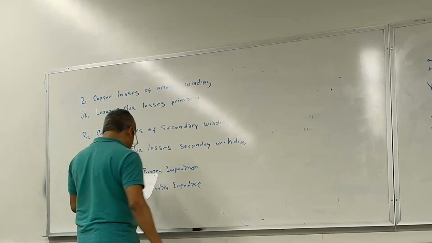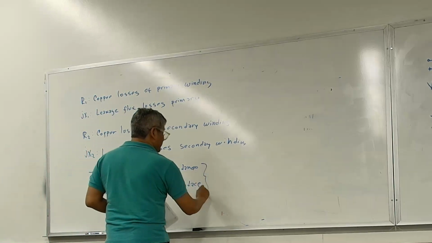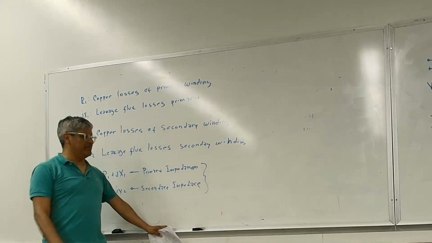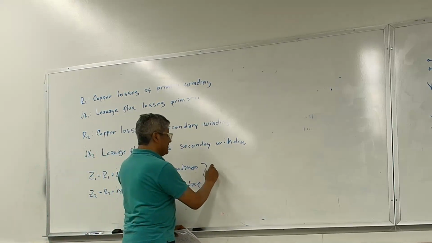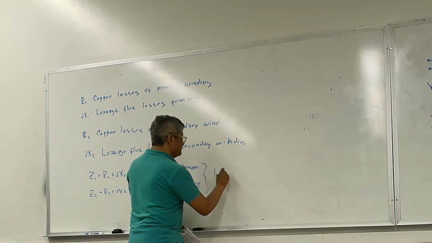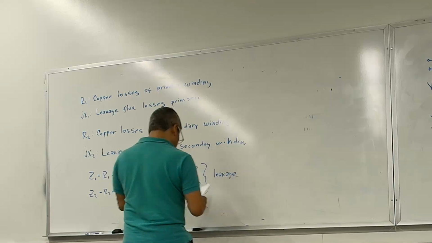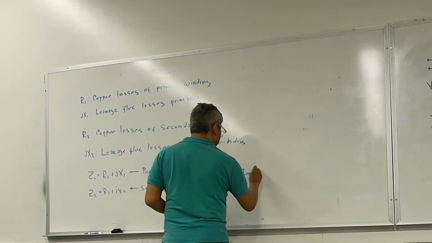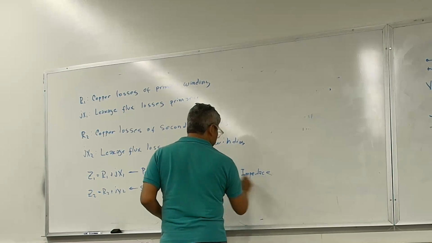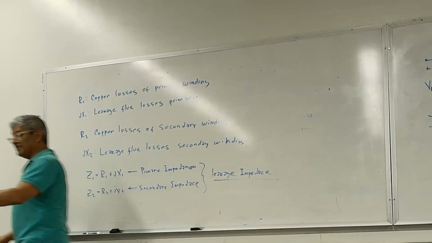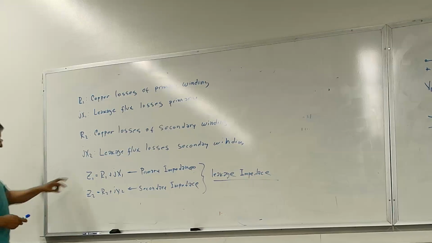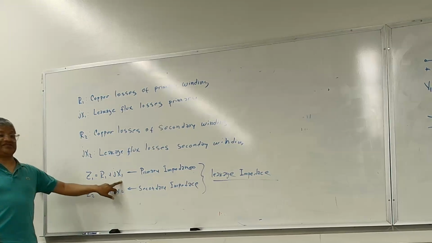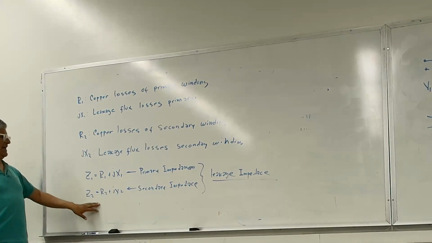You'll hear the term leakage impedance. When somebody asks what the leakage impedance of the transformer is, they're talking about the R plus the JX.